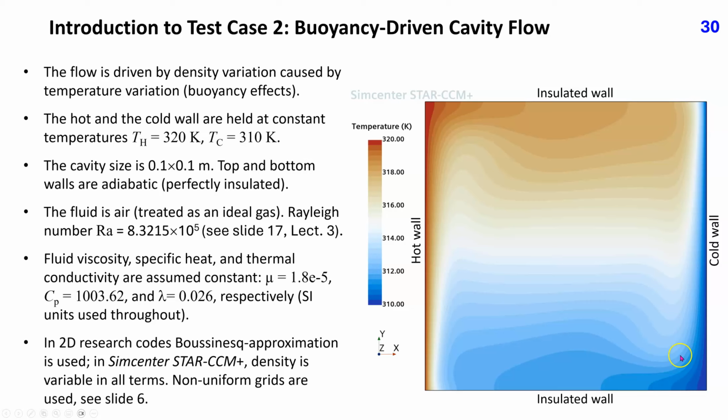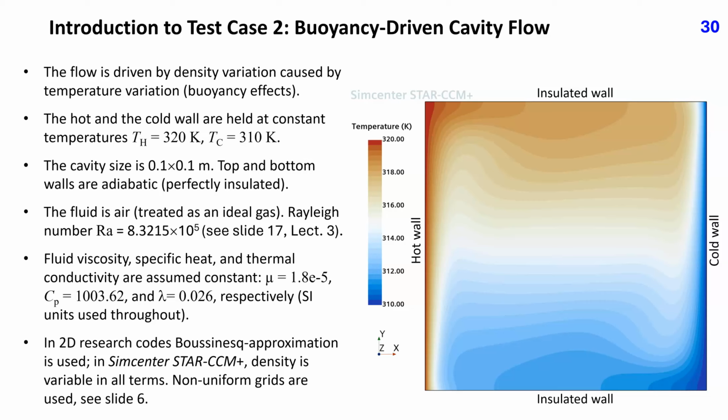The fluid is air, which is treated as an ideal gas. Fluid viscosity, specific heat, and thermal conductivity are assumed constant. Nu is equal to 1.8 times 10 to minus 5, Cp is 1003.62, and lambda is equal to 0.026, respectively. SI units are used throughout.